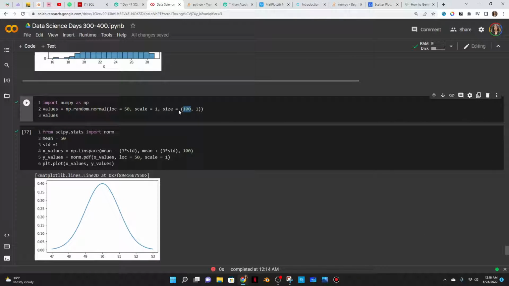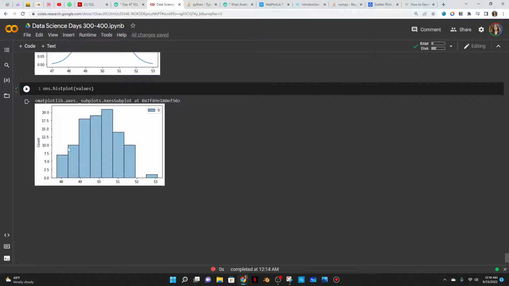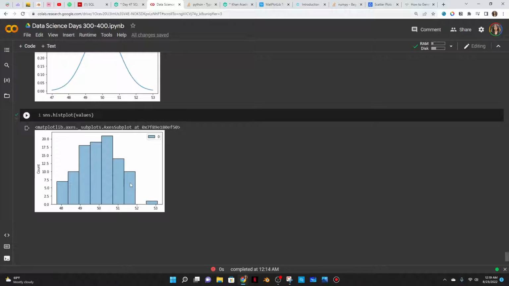And it happens to be that they're normally distributed with a mean of 50 and standard deviation of 1. So the frequency of these values, most of them are going to be near 50. Interesting.